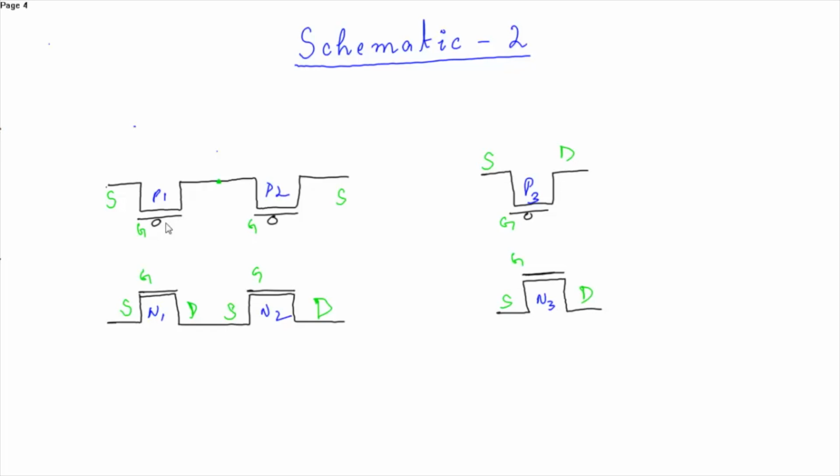Now we can connect this gate to this gate, gate to gate. Then the two sources were shorted, so short these two sources, and then this is connected to VDD. This source is also connected to VDD.